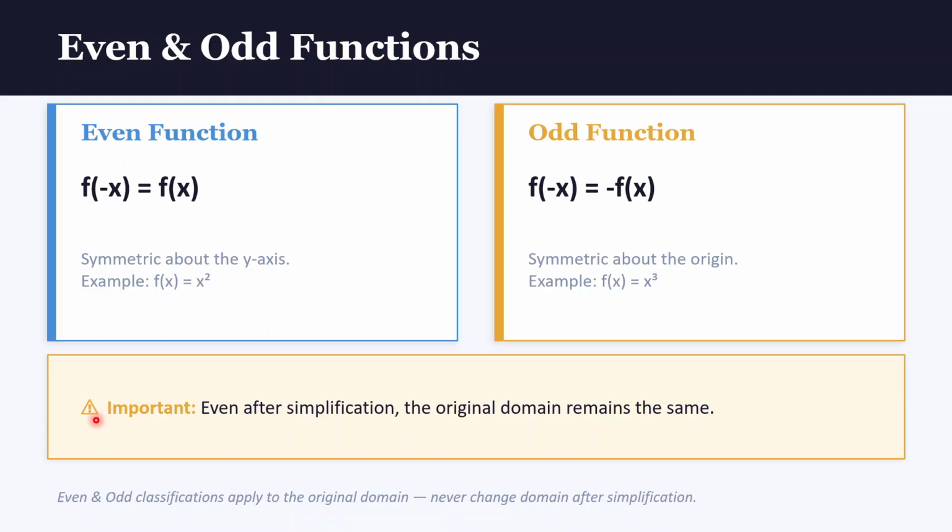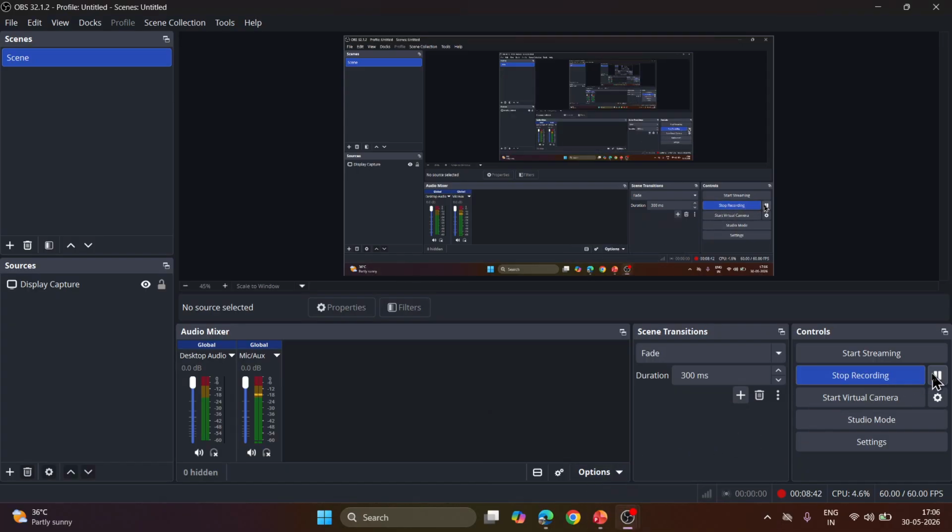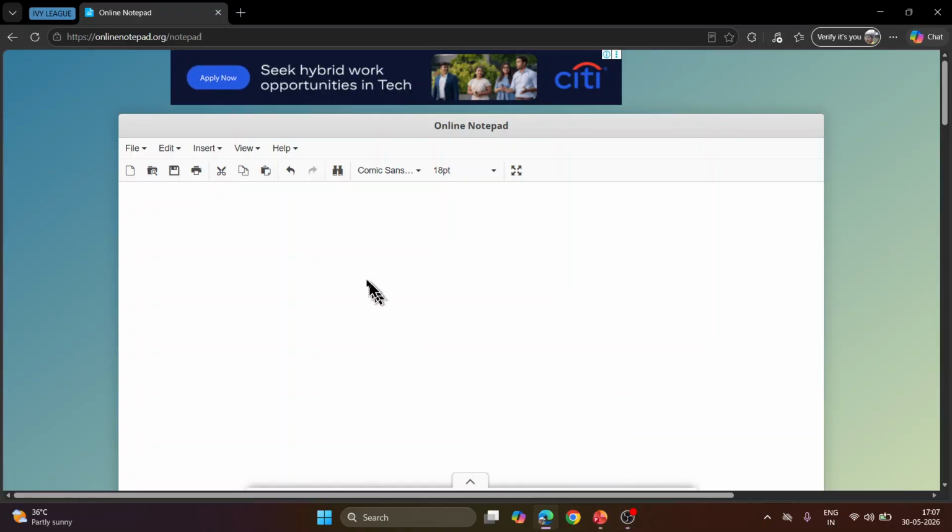Also, this is a very, very important point. Even after simplification, the original domain remains. For example, just a minute. Sorry about that. I just wanted to explain this clearly so that you don't get confused.